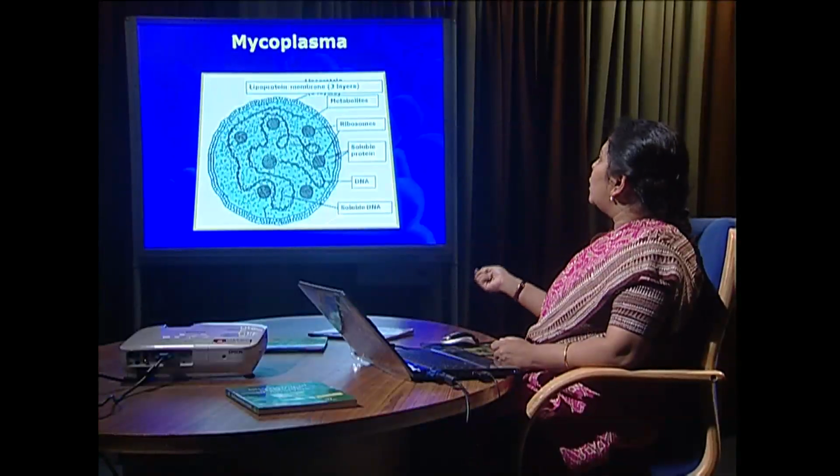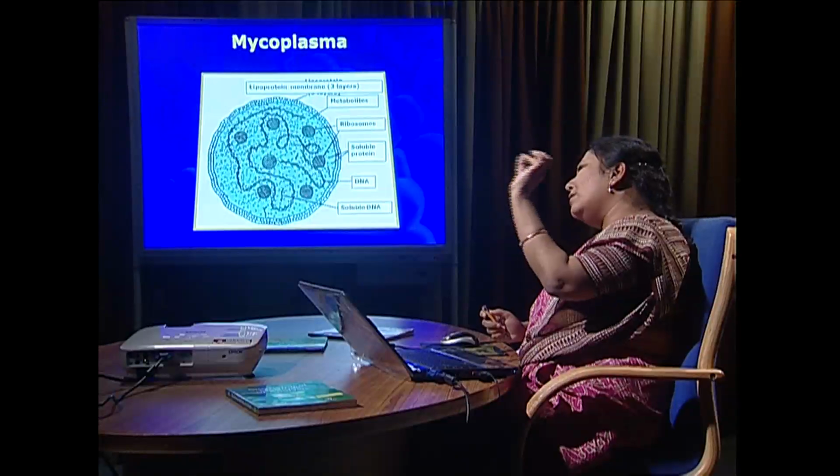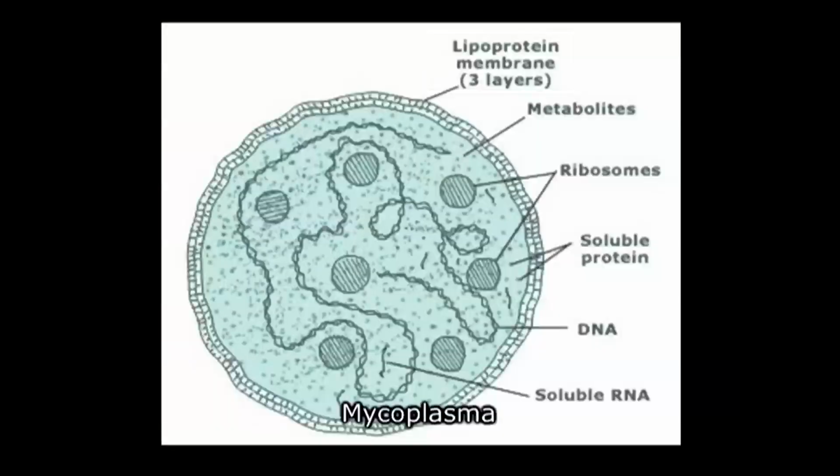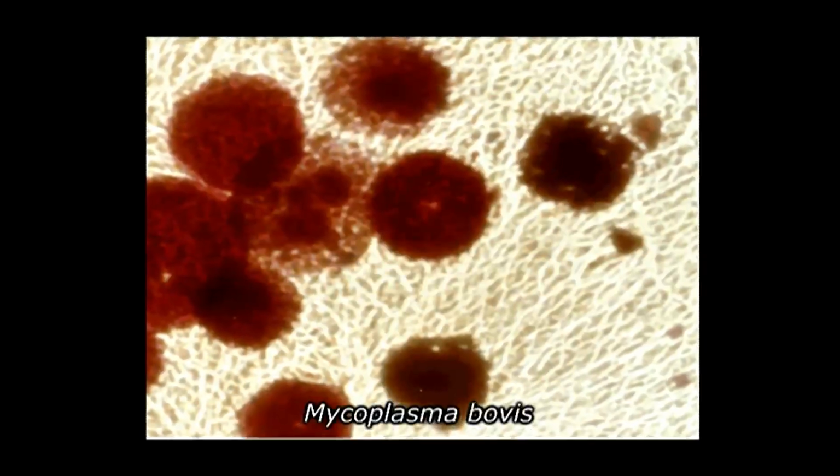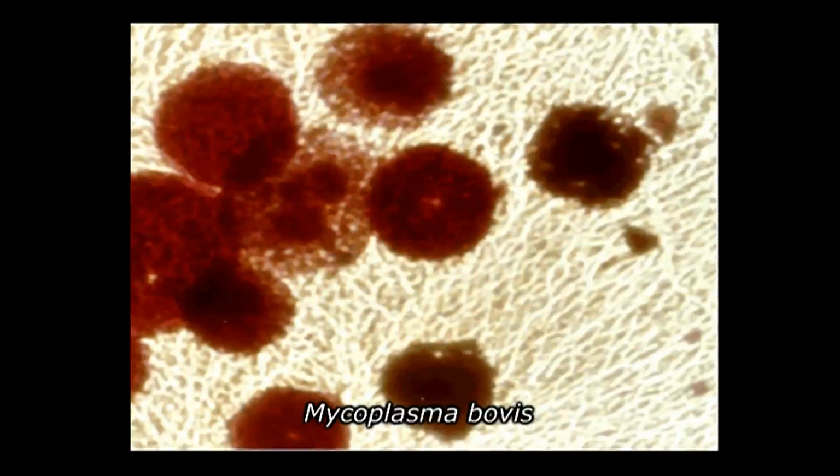In case of mycoplasma, mycoplasma are very tiny, very small, and they lack a cell wall also. Instead of a cell wall, we can find a 3-layer lipoprotein membrane present here. The size is around 0.125 to 0.150 micrometer. So, this is the structure of Mycoplasma bovis.